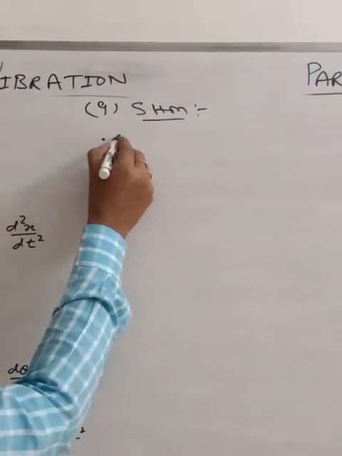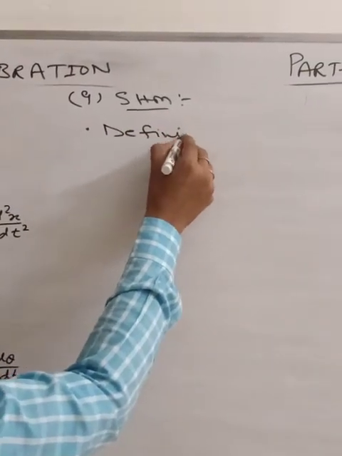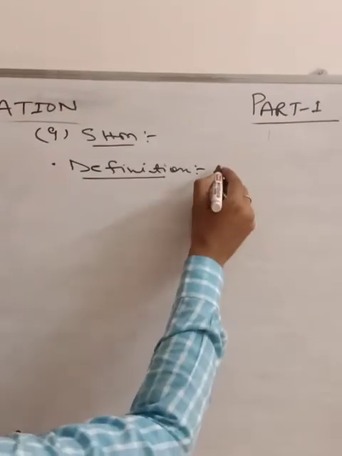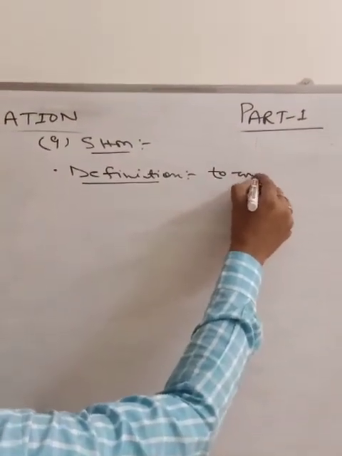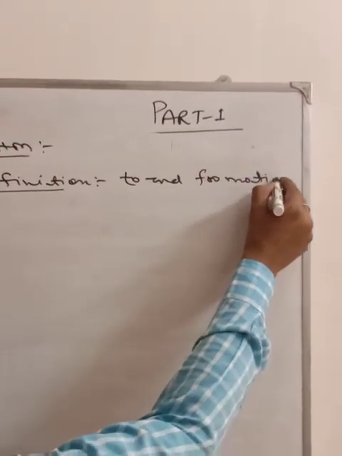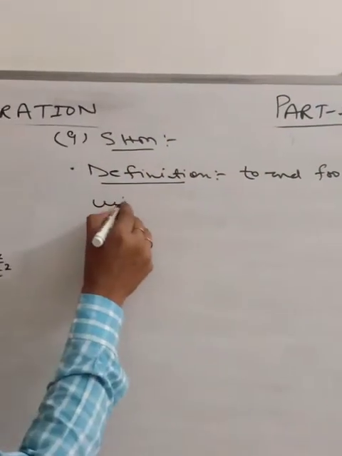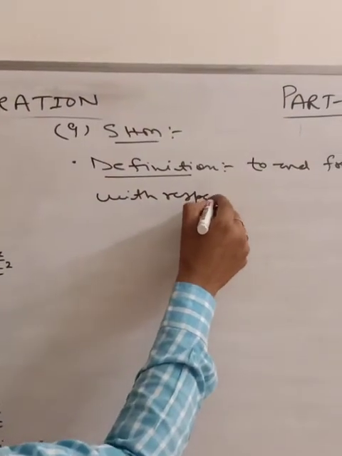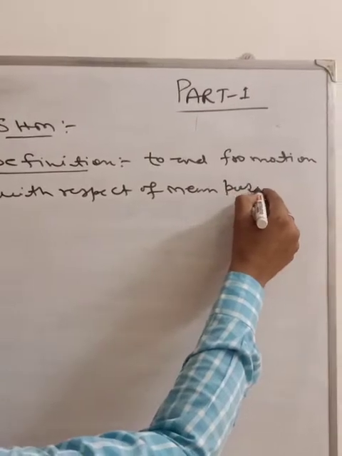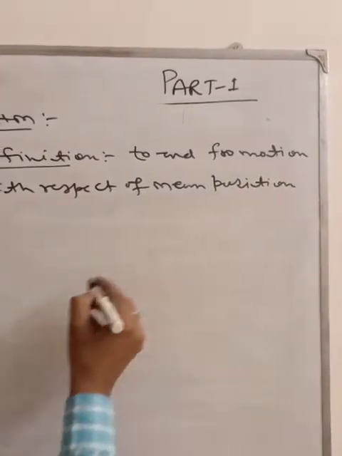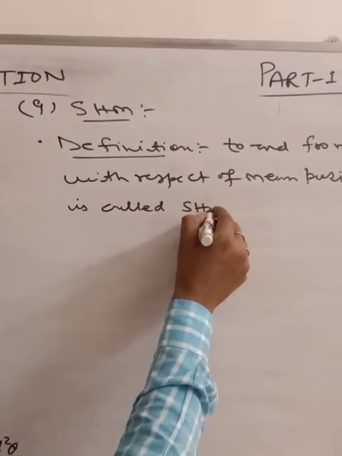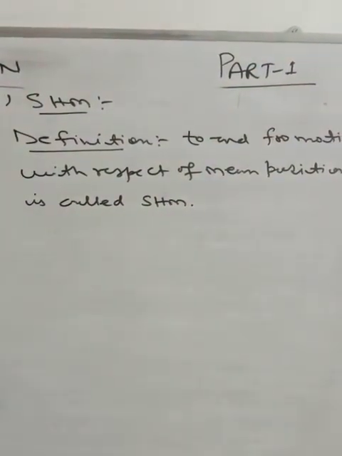The definition: to and fro motion with respect to the mean position is called simple harmonic motion.